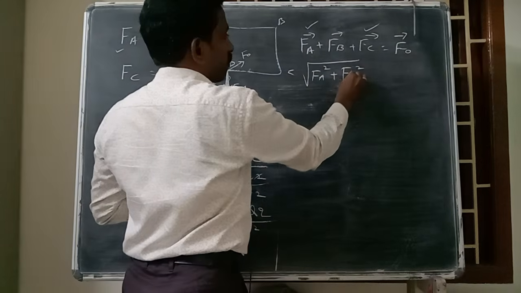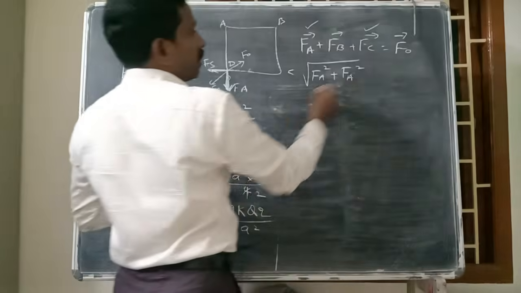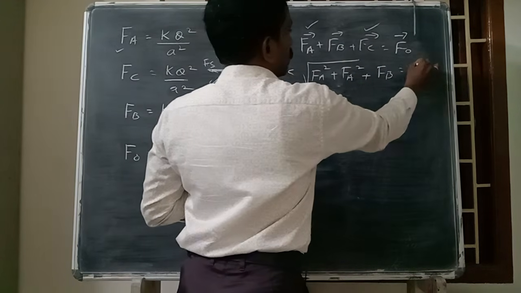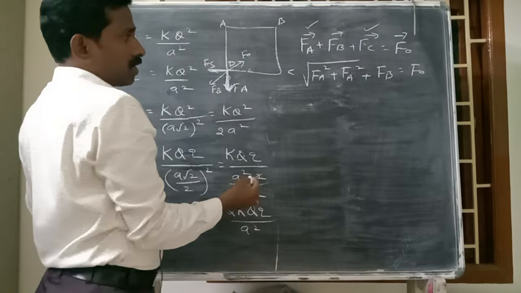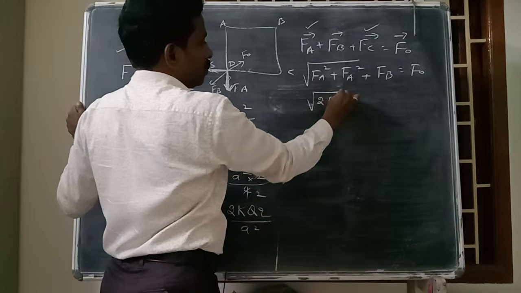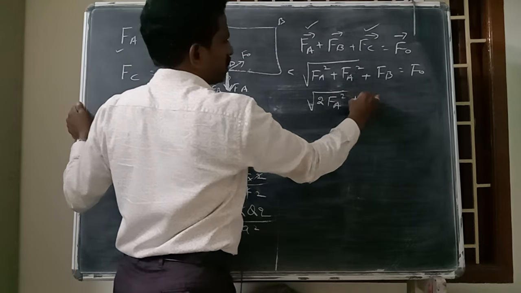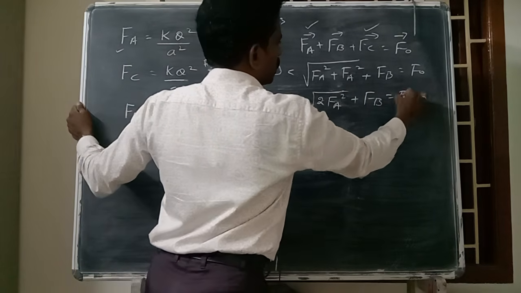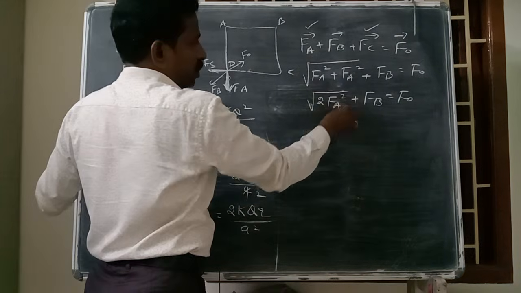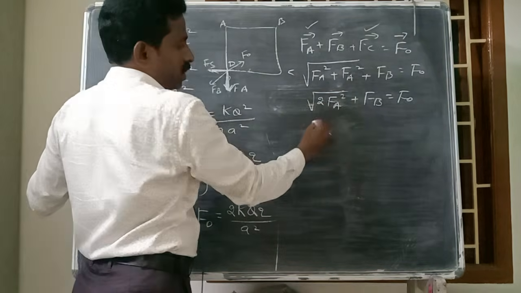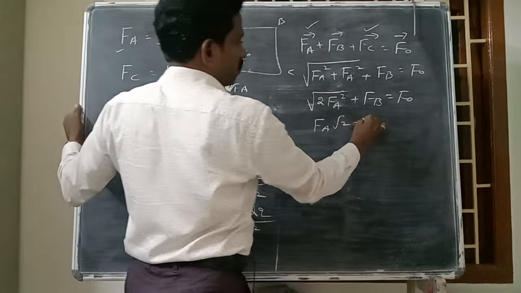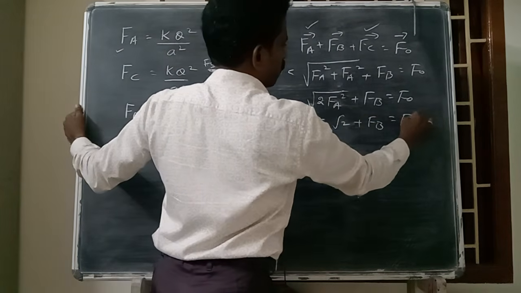So you will get F_A squared plus F_A squared, 2F_A squared. Taking the square root, you will get F_A root 2, plus F_B equal to F_O, the magnitudes alone.